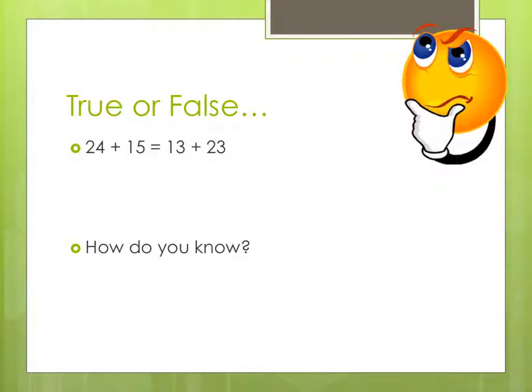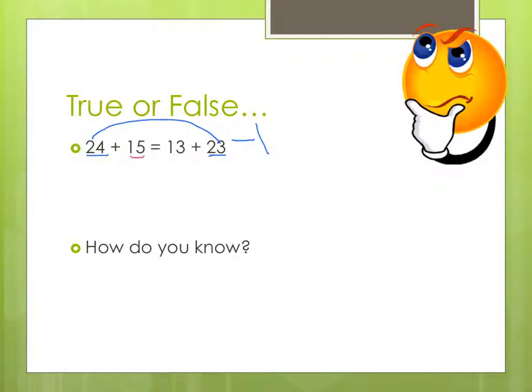In this problem, I see 24 plus 15 is equal to 13 plus 23. I can easily compare 24 and 23. Those numbers are close together. 23 is 1 less than 24.